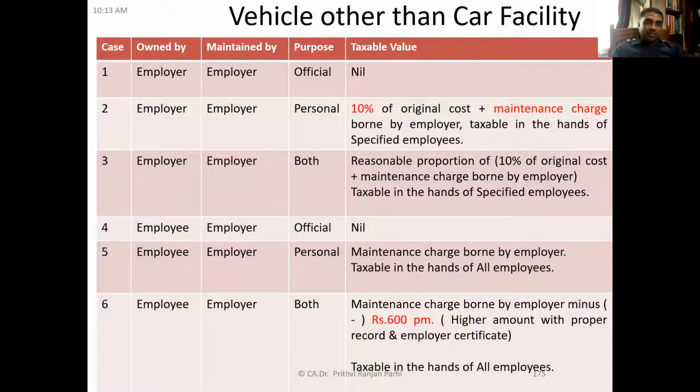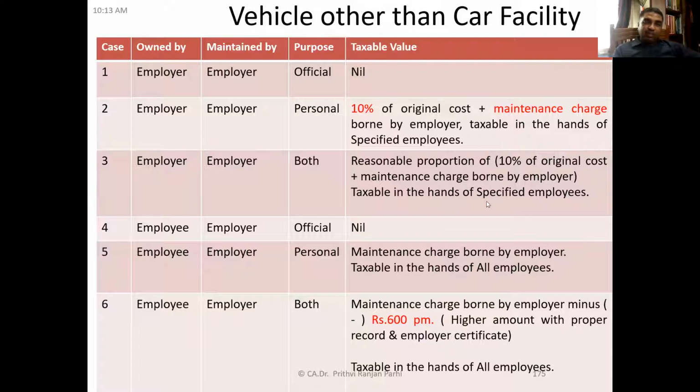Situation 3. Employer's vehicle, employer is maintaining, but it is for both personal purpose as well as official purpose. Then a reasonable proportion of 10% of the original cost plus maintenance charges borne by the employer. Just like the previous situation, we find out 10% of original cost plus maintenance charges borne by the employer.